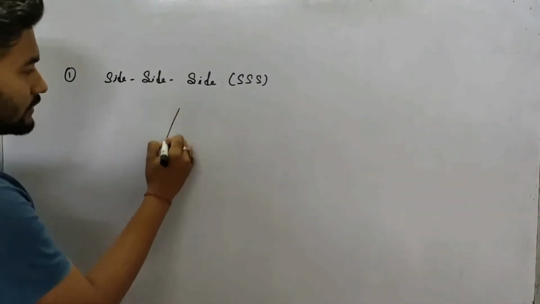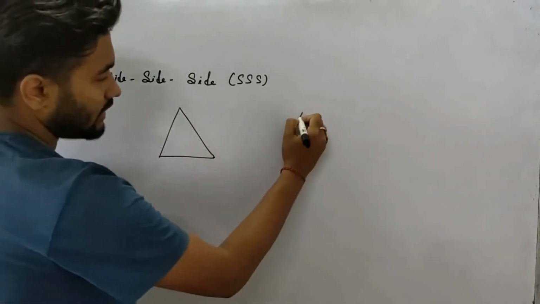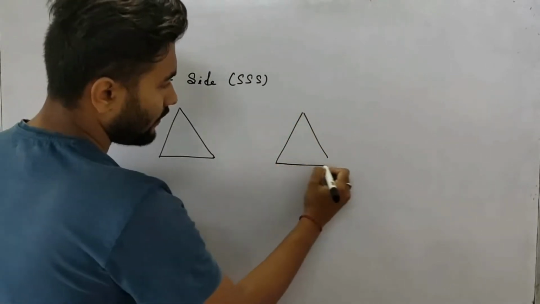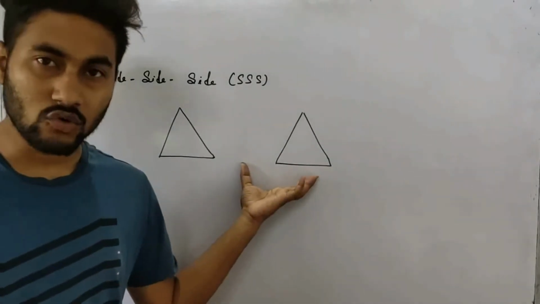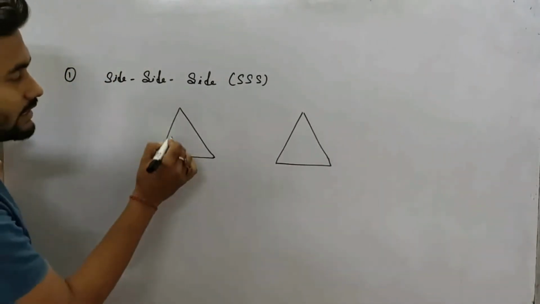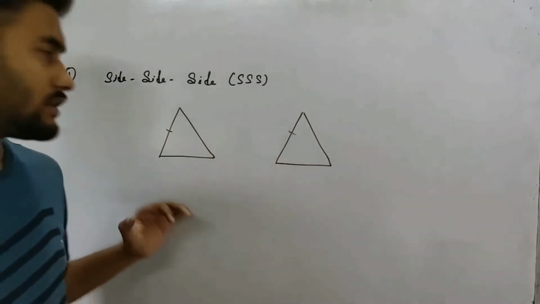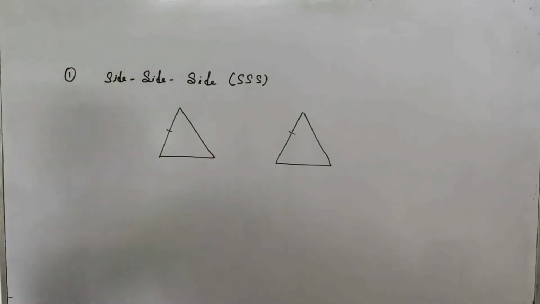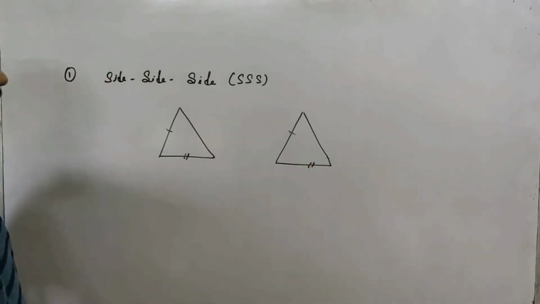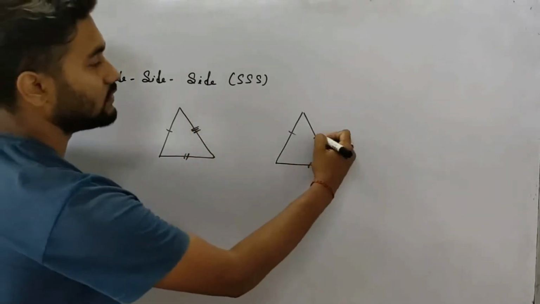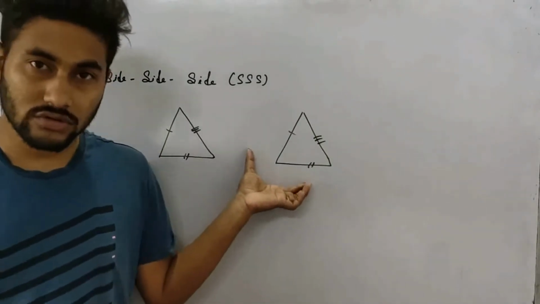It is a very simple property. Say this is one triangle, triangle 1, and this is another triangle, triangle 2. If I can show that this side is equal to this side, say for example 4 centimeter, 4 centimeter, and this side is equal to this side, and this side is equal to this side, then I have shown all three sides of this triangle are equal to three sides of this triangle.